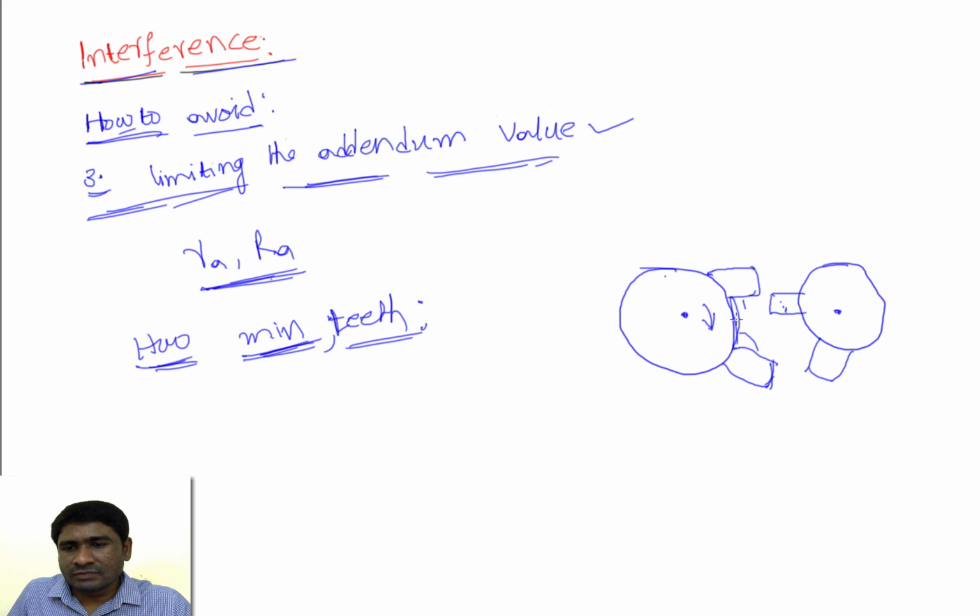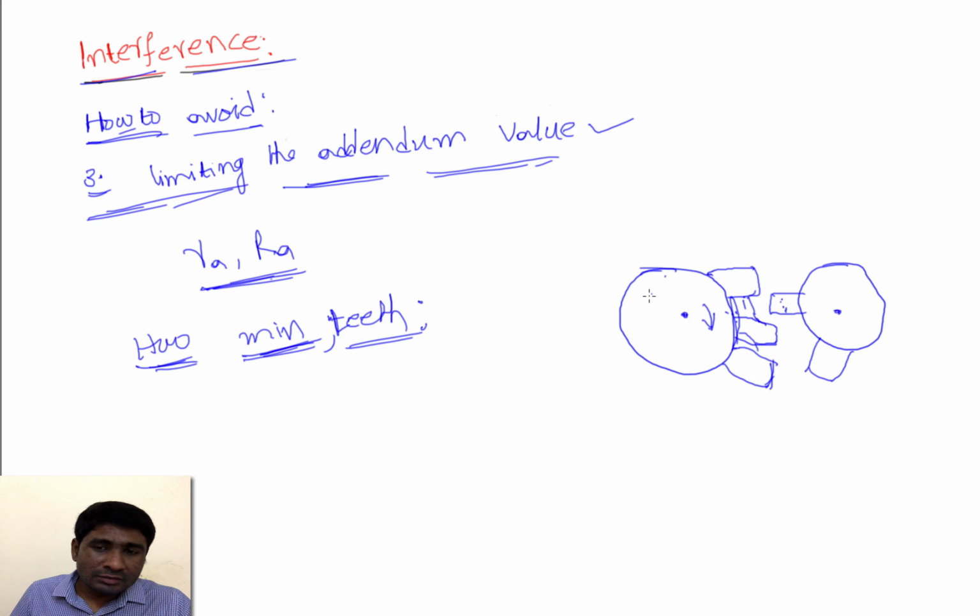But instead, if there are this many teeth, instead of going down, it immediately touches this and may not go up to the bottom. That means the number of teeth on a gear also affects the interference.